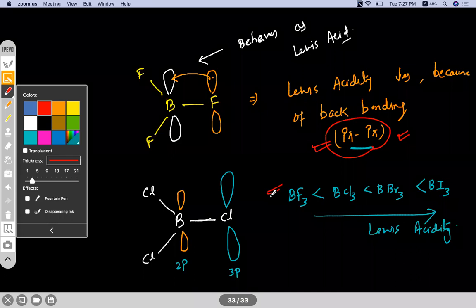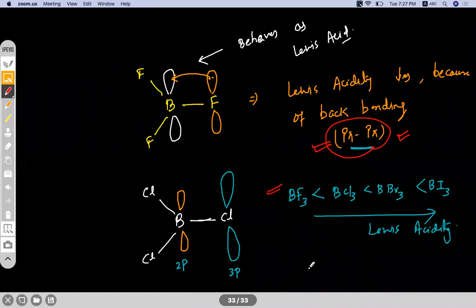Correct. So fine, guys. So we have another type of back bonding here, which we call p-pi back bonding. Okay, and then we have odd electron molecules. Yes, Lewis acidity, not acidity. I'm talking about Lewis acidity here, Shraddha. Because the definition of a Lewis acid is what? The molecule which has the tendency to accept a pair of electrons is called a Lewis acid.